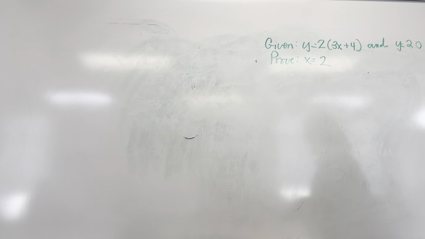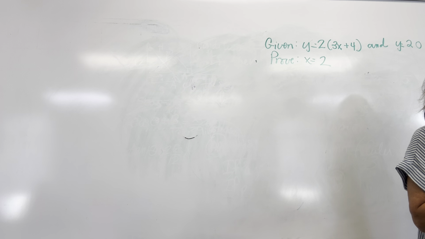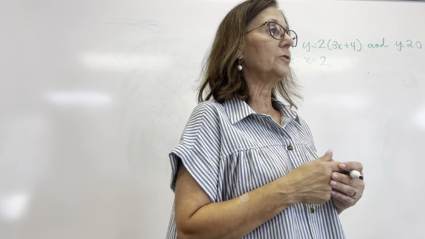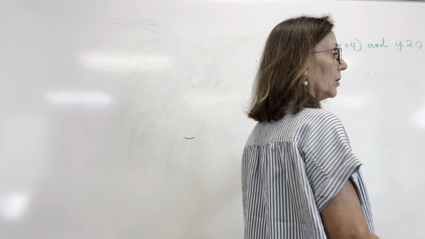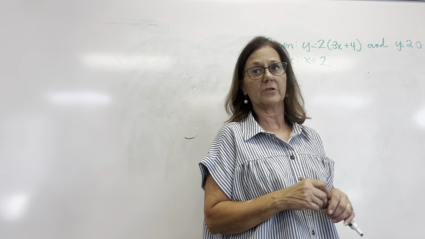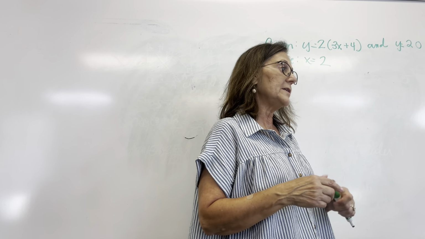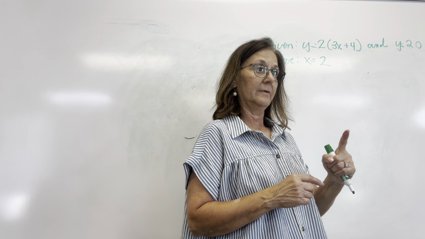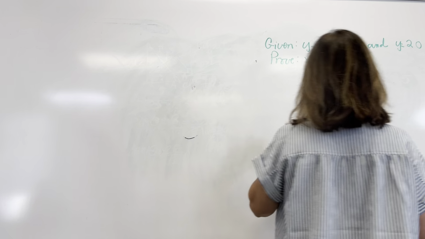In every proof in geometry, you're going to have given statements, and we're going to have to prove something. I always want you to write the given statements first. We're only going to do 2-column proofs in geometry. There are actually 3 ways to work proofs, but we're only going to do 1. It'll always be 2 columns.